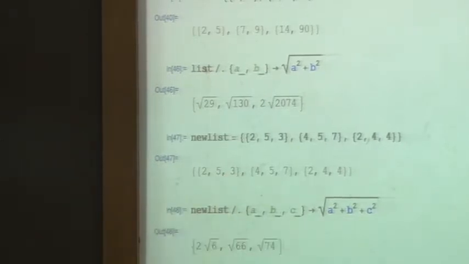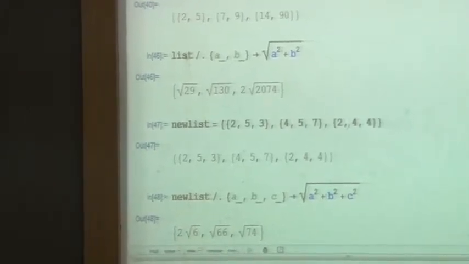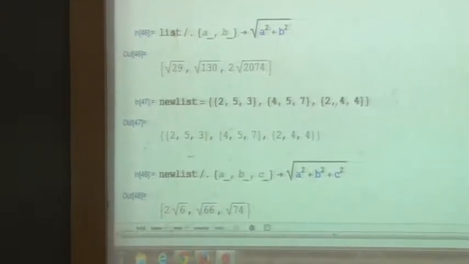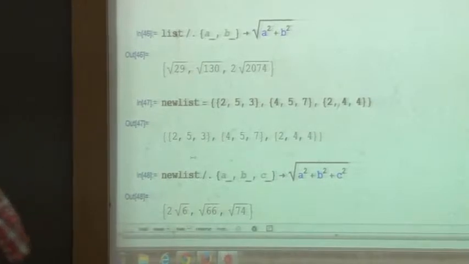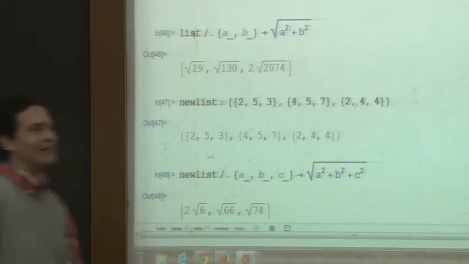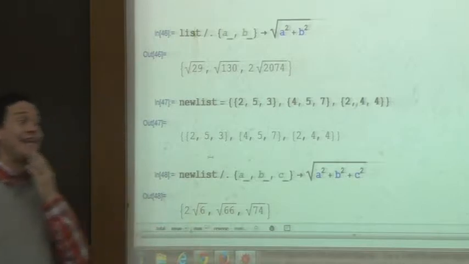But when I do this, Mathematica gives me something weird, right? Or is this correct? It's not correct, right? Okay, so we are confused. We don't understand what's going on, right? So let me introduce you to another function that is quite useful to troubleshoot. The name of the function is called Trace.